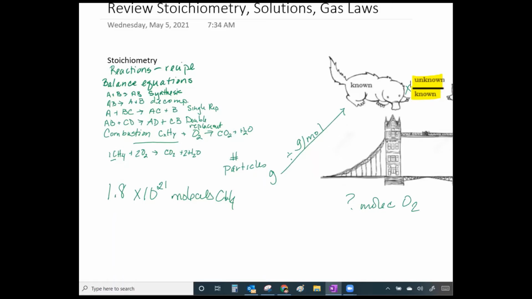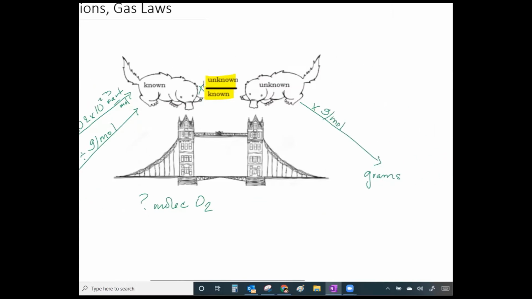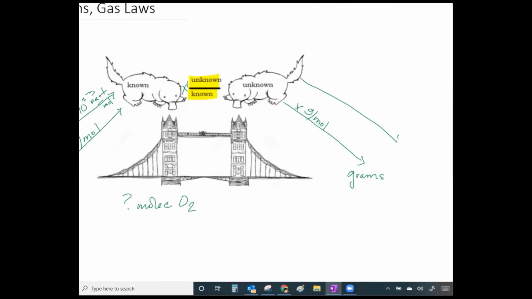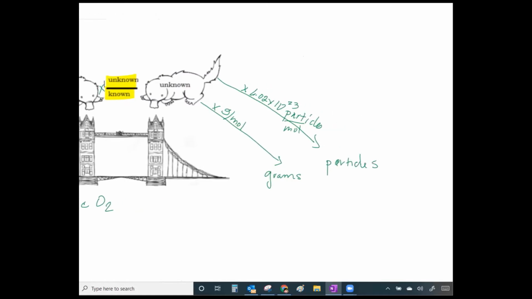So first, I'm going to take particles, and I'm going to divide by Avogadro's number. That changes me to moles. And then if I want to go back to particles, I multiply by Avogadro's number. Okay?